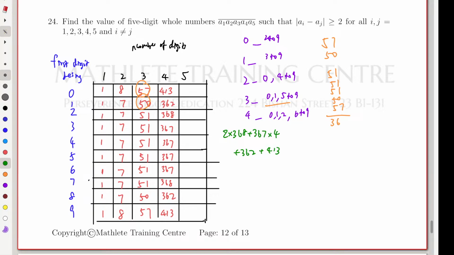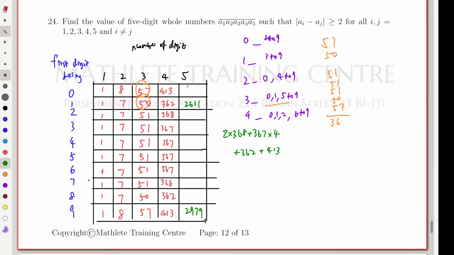That's 2979. For the case of 1, you're adding up everything from 3 to 9, so everything except the one for 2. So it's basically 2979 minus 368. That's 2611.